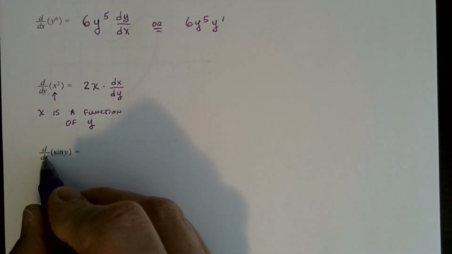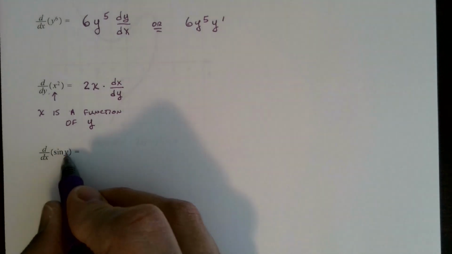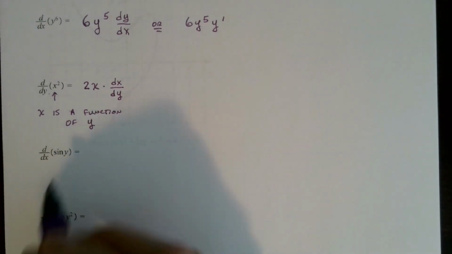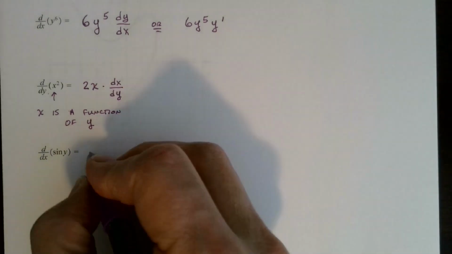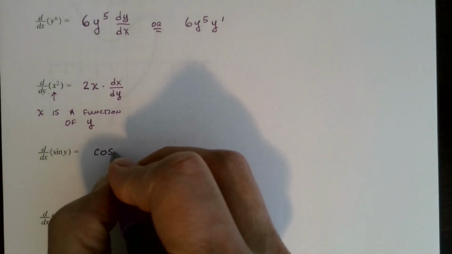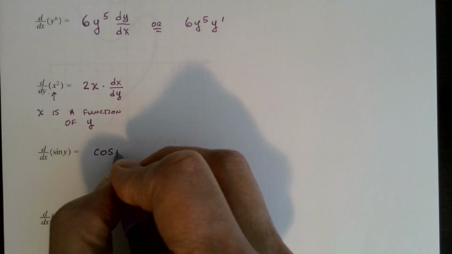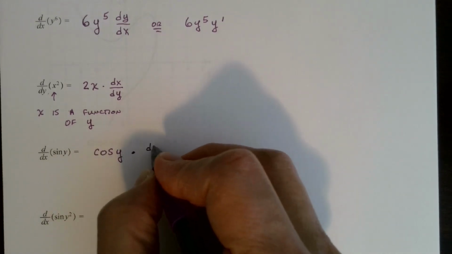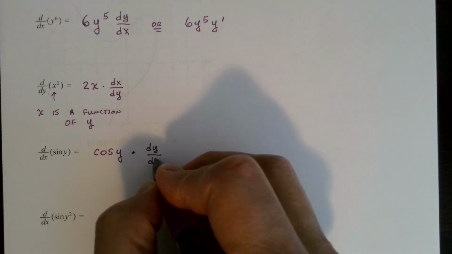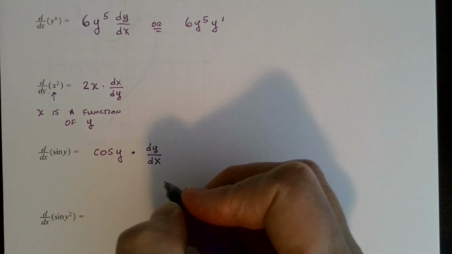Here I go back to the derivative with respect to x of sine of y. y is a function of x. So by the chain rule, derivative of the outer function, sine, is cosine of y, times the derivative of the inner function, derivative of y with respect to x, is dy dx. Okay.